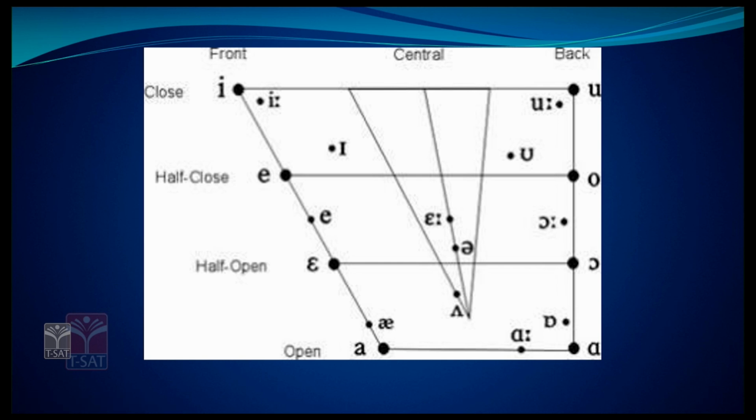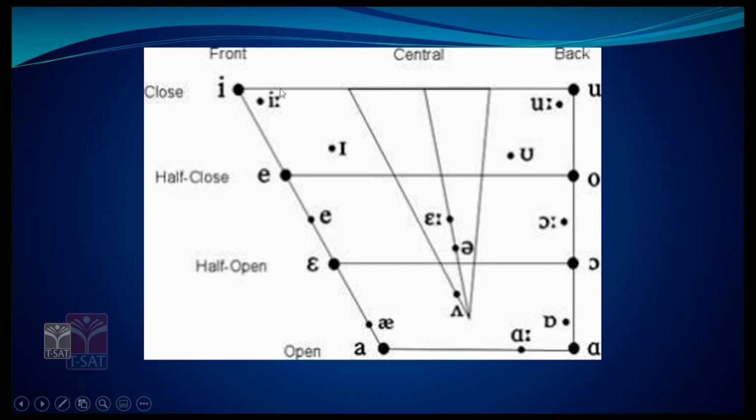And the height of the tongue: i:, it is close, and u:, it is also close. But the difference is, if you pronounce words like seat and suit, it is clearly evident that i: is front close, and u: is back close.